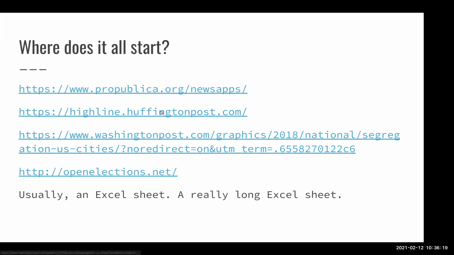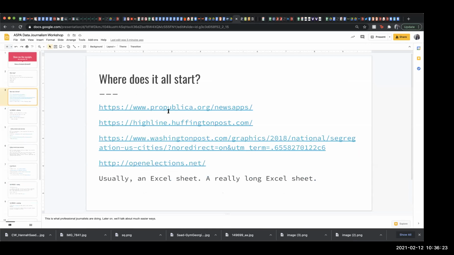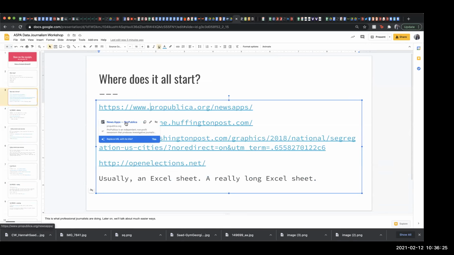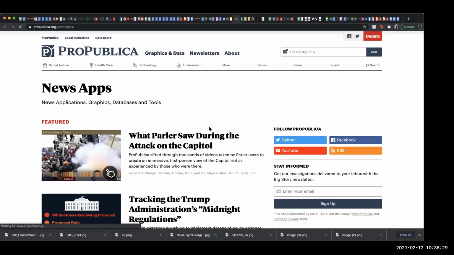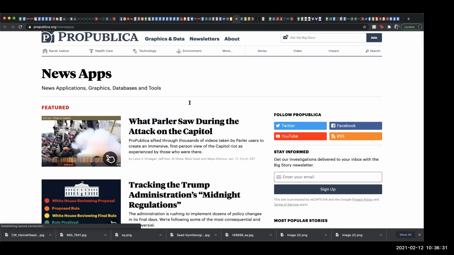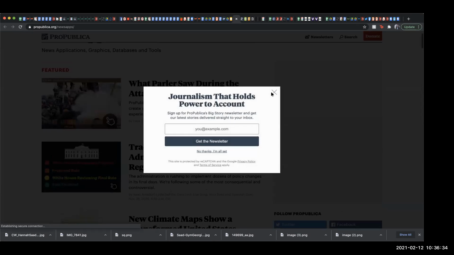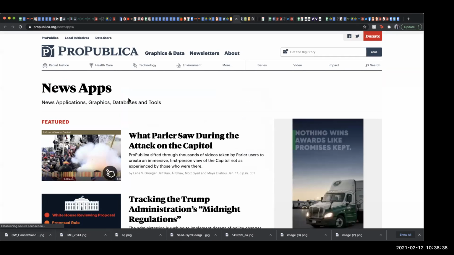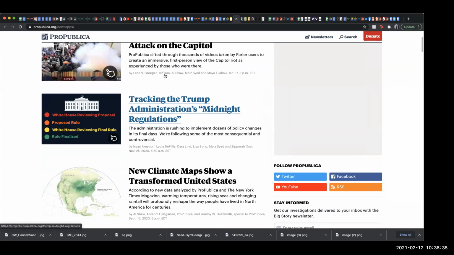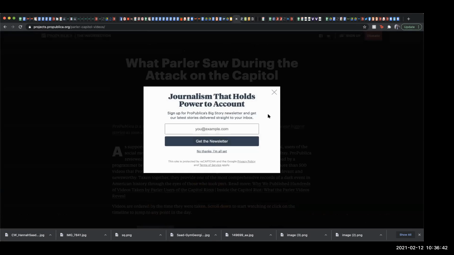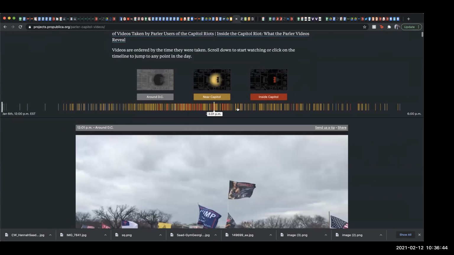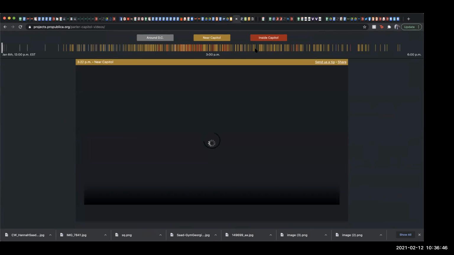So let's see, here's some examples of data journalism. Let me escape real quick. So ProPublica is one of my favorite sites. They have so many amazing graphics and interactive tools that you can use. And this one's gotten a lot of traction recently, but they do all of this really cool stuff with data.